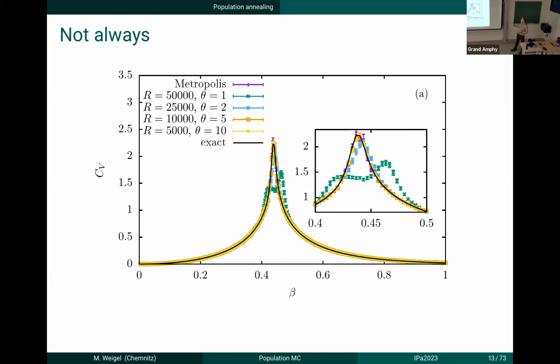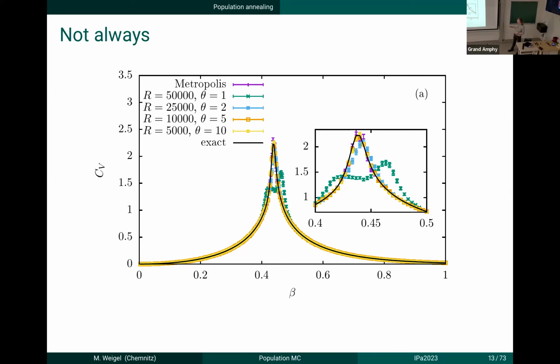So for example, what is shown here is again a series of such simulations for the 2D Ising problem, where we have different population sizes, and for each population size, different numbers of rounds of updates, or sweeps, that are performed. This is arranged in such a way that the total computational effort stays the same. If you increase the population size, you decrease the number of sweeps, such that you compare the same computational effort.